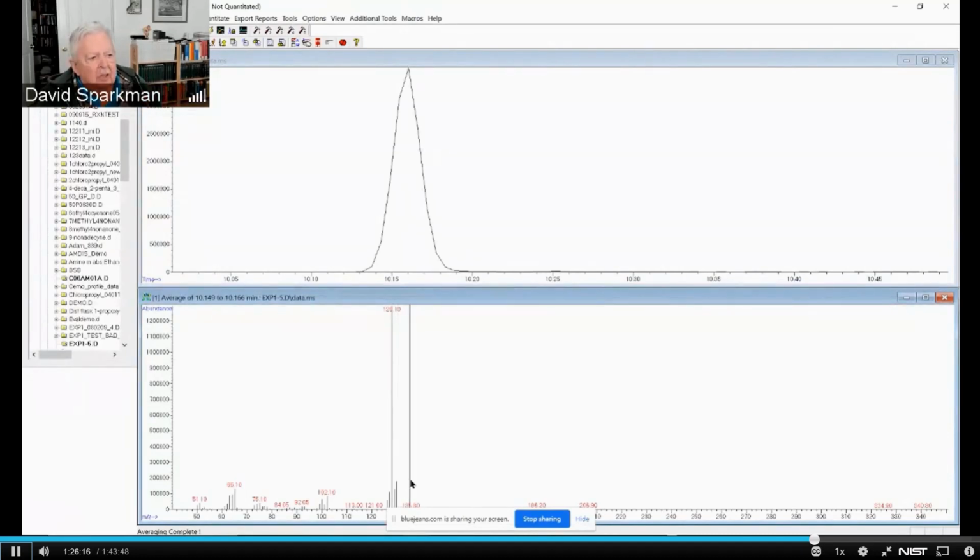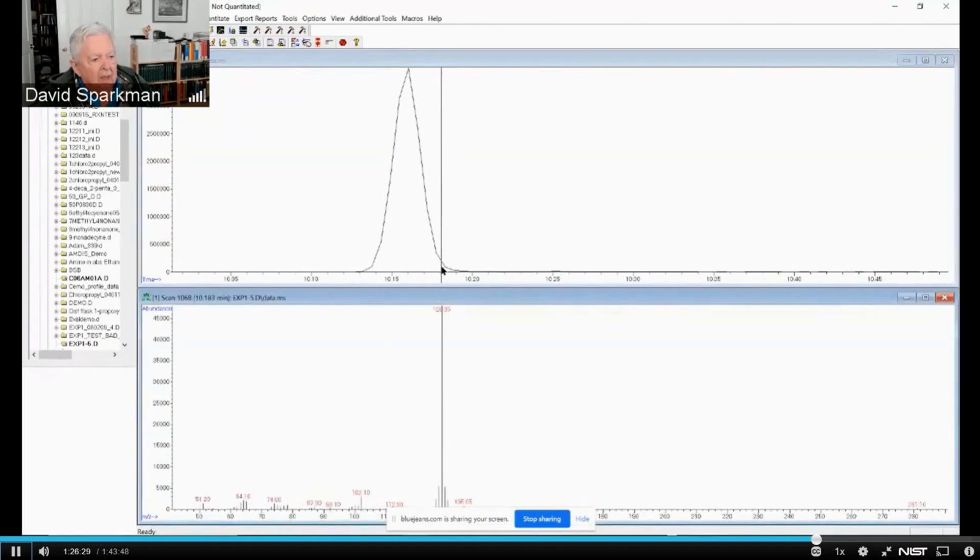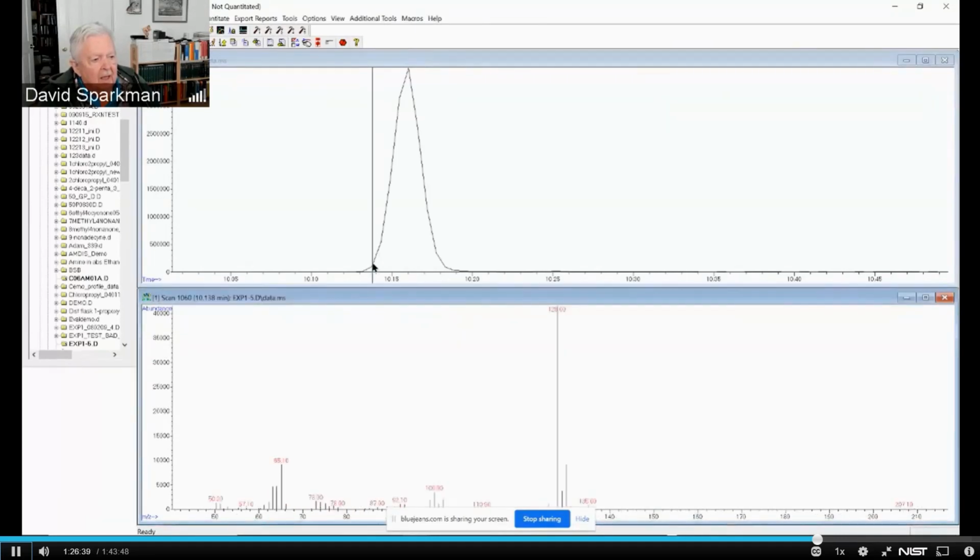But the best thing to always do is look at the two sides of the chromatographic peak. You see that very intense X+2 peak has disappeared, and here it is more intense.